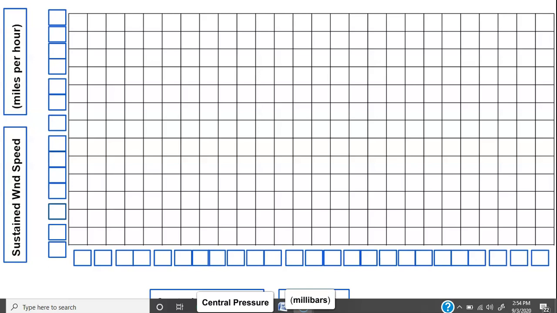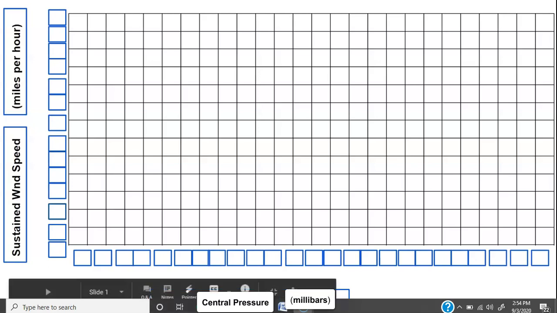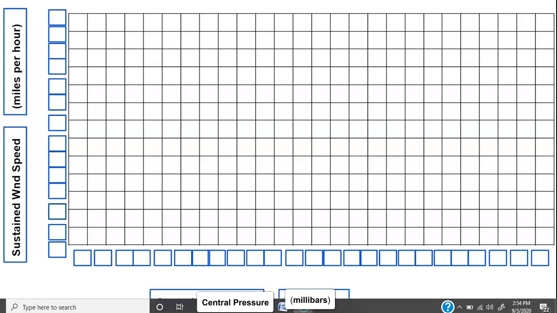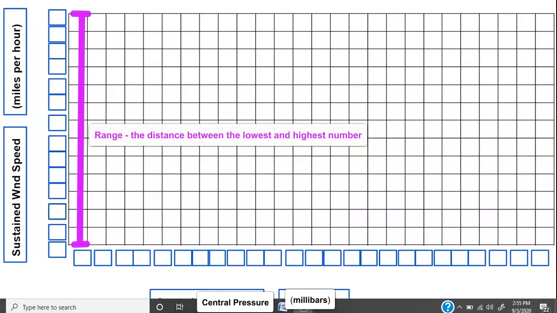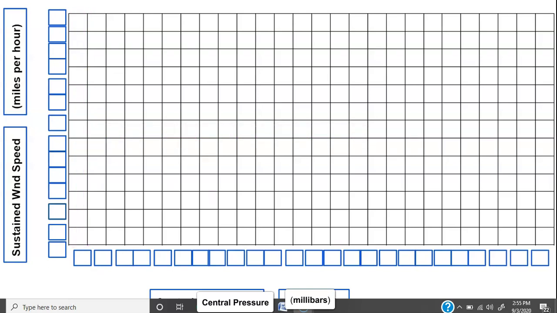The next thing I want to show you before we get started, on the graph we have these blue boxes that we will type numbers in. And then for this first graph, I'll type the numbers in for you. Range is the distance between the total numbers. For example, on wind speed at the bottom, we'll start at 0, and our wind speed is going to go to at least 130 miles per hour.